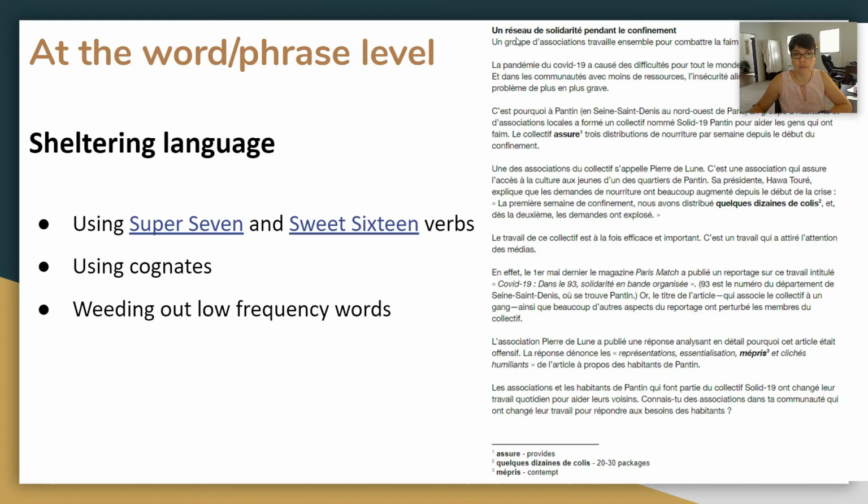However, for the purpose of this article, once you've read it, you know that this article is not about social media, and therefore the word réseau, network, is not really needed for this particular article. If this was an article about social media, I would not want to remove réseau, because for the purpose of this article, réseau would be a high frequency word. I hope that makes sense. And so we'll be looking at eliminating this particular word for this particular purpose.